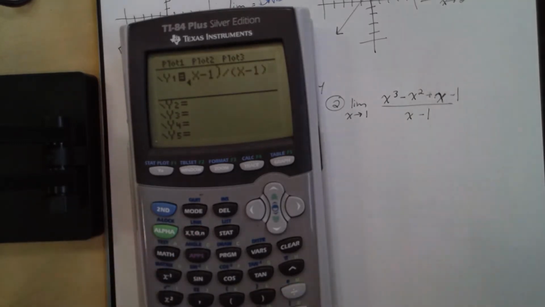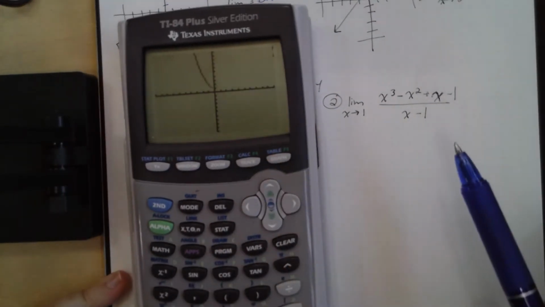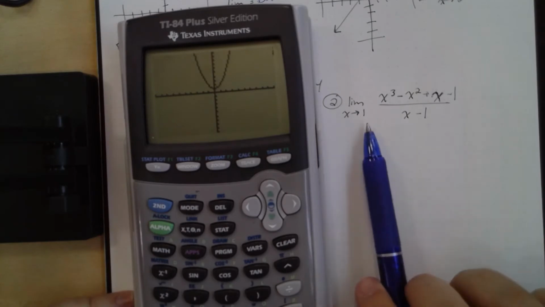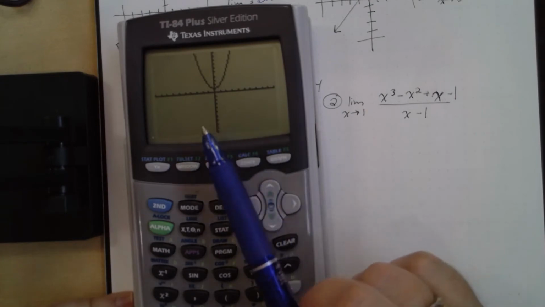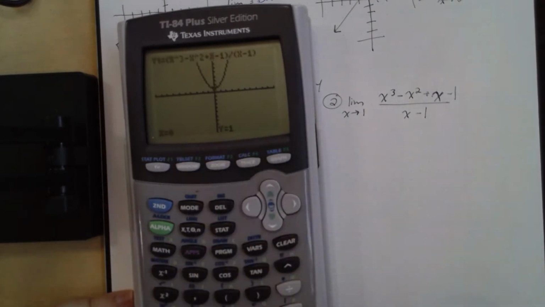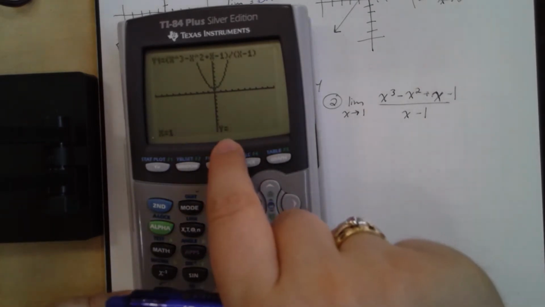You can actually see before I even graph this, there's going to be a problem here. Once I graph this, I'm trying to find the limit as x goes to 1. Looking on this graph, it looks like we have something completely continuous, right? But if I trace 1, I get nothing. There's a hole in this graph.